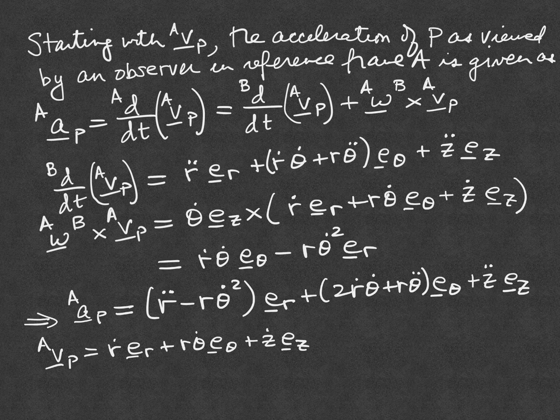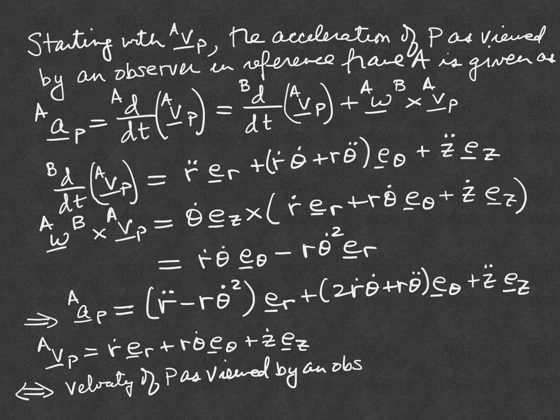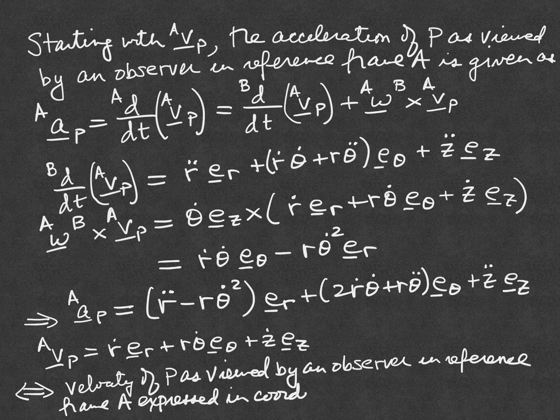It means that this is the velocity of P as viewed by an observer in reference frame A, expressed in coordinates fixed in reference frame B.